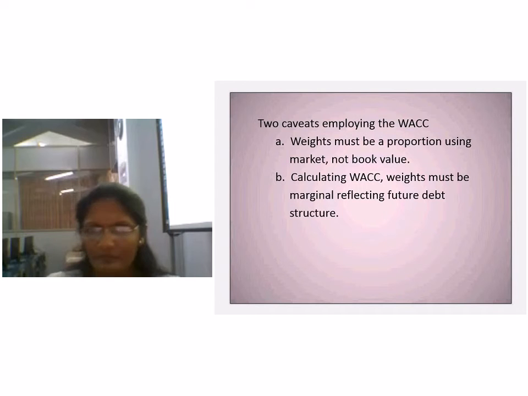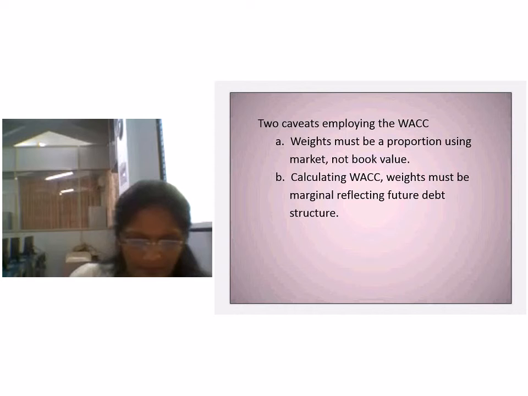But after a few minutes it will be dropping or increasing. We don't know that. Therefore, it is a must that we consider the market value, right?